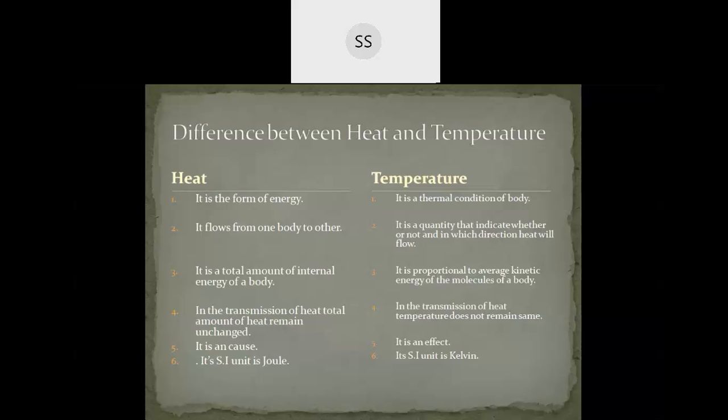If the potential energy is decreasing, then the kinetic energy will increase. Ultimately, the total energy will remain unchanged. If one is increasing, the other will decrease, so the total amount will always be constant. So the total heat energy of a body will always remain constant.